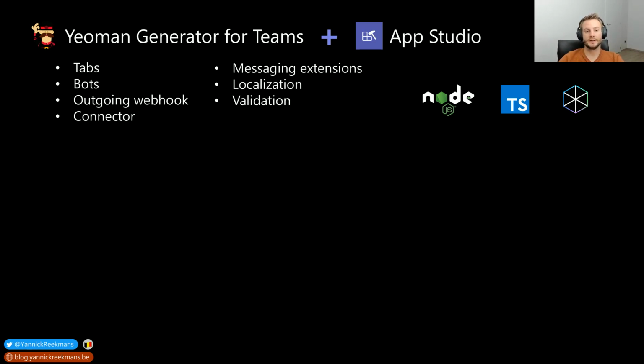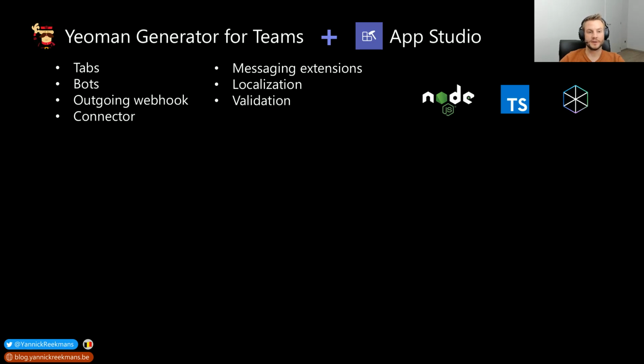And last but not least, there's validation. Validation is not directly supported within the Yeoman generator. Validation has to be done through App Studio. So a combination of the Yeoman generator for Teams and App Studio will give you a full-blown development surface, and it covers everything.